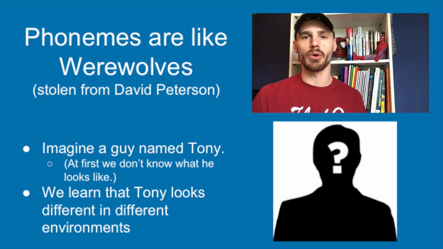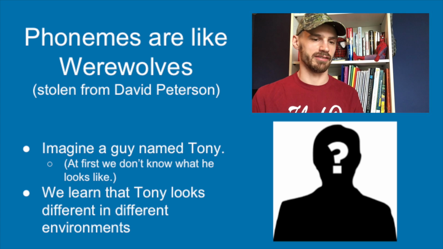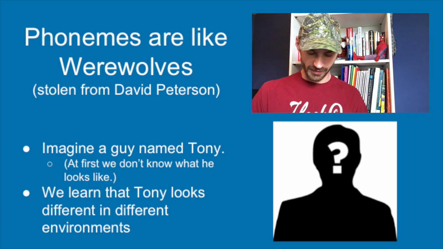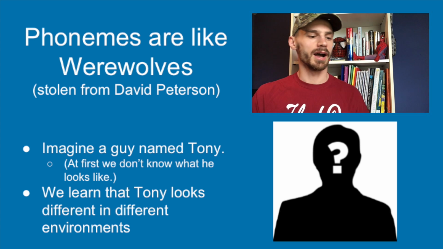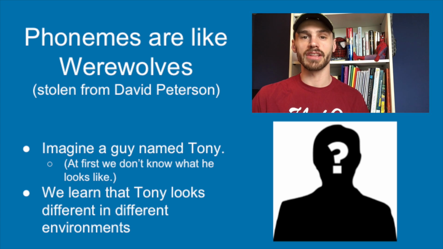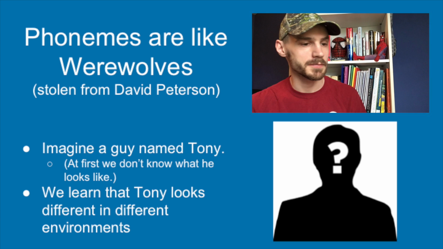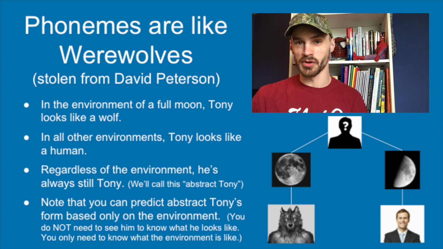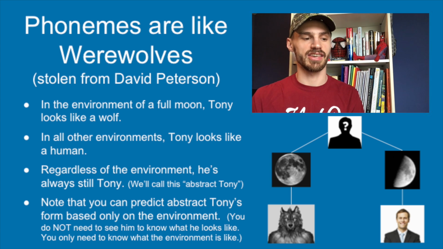But we don't need to know what Tony looks like because at first we're just imagining an abstract representation of him, which is this pseudo picture of Tony below me. Now we learn that Tony looks different in different environments, so he changes depending on his environment. In the environment of a full moon, Tony looks like a wolf. In all other environments, Tony looks like a human.